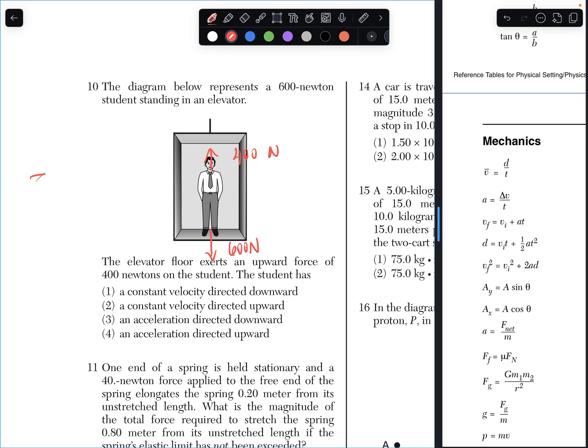The net force is going to be 200 newtons downwards, because upwards you have 400, downwards you have 600. The larger one is going to take the direction, and 600 minus 400 is equal to 200. So if the net force is pointed downwards, then that means there's acceleration pointed downwards. So the answer is choice 3.